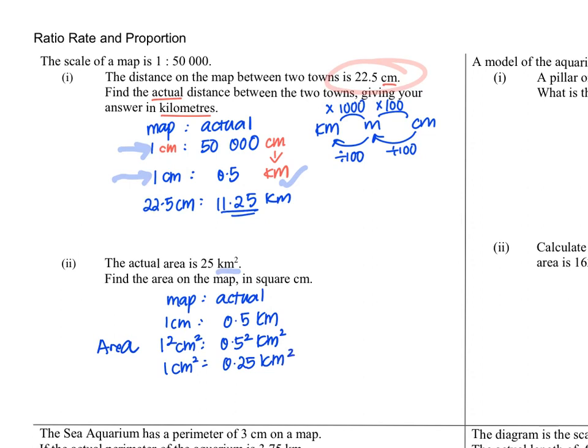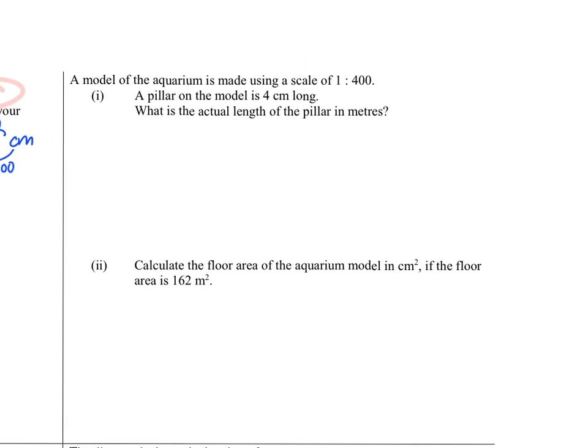If my actual area is 25 kilometers square, how do I find the distance on my map? So actually I multiply by 100. So the answer will be 100 cm square. So this will be the answer. Let's continue with the next question.